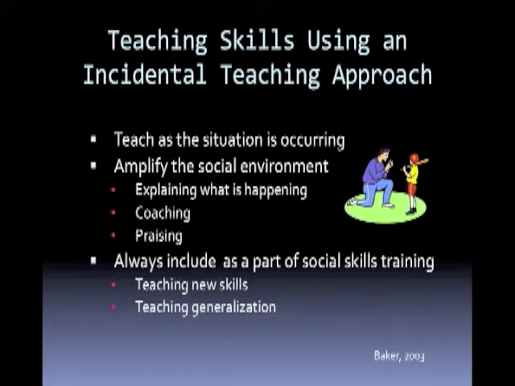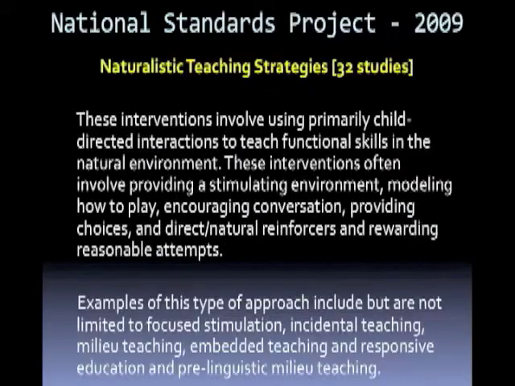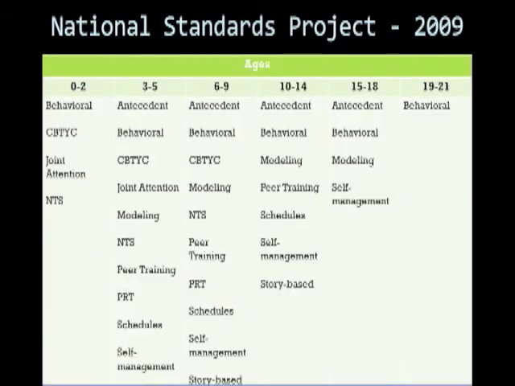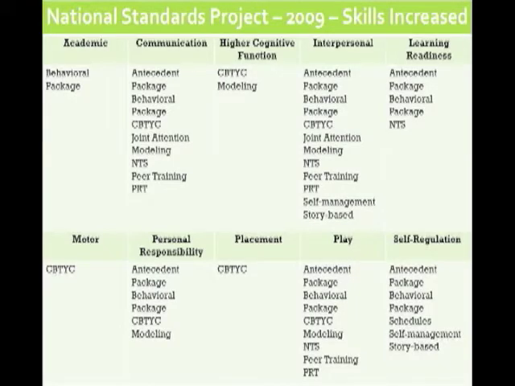But what we're going to look at today is what we do if the strategy that we want to use is not listed on this list of effective strategies for individuals with autism, because we're looking at making visual rules to teach our kids what the expectations are.